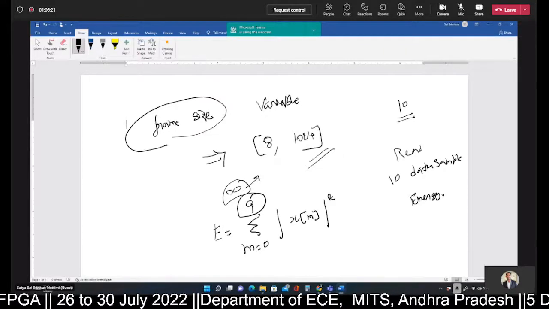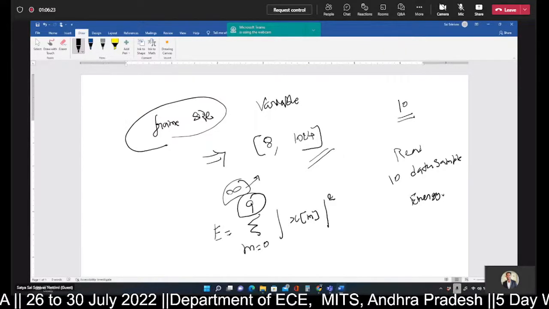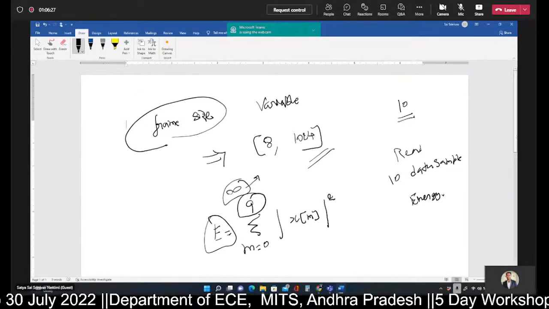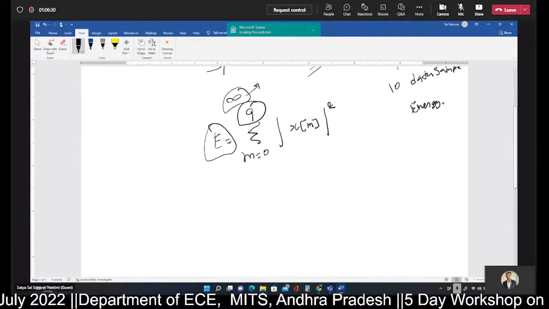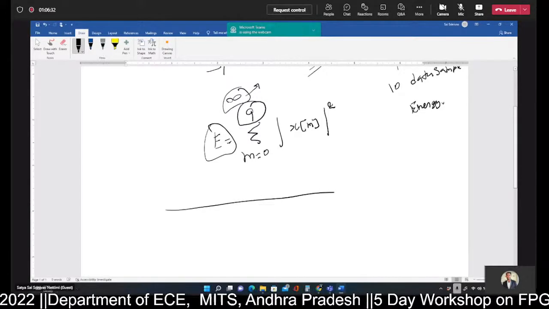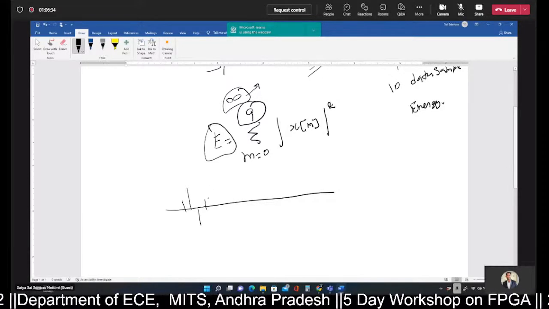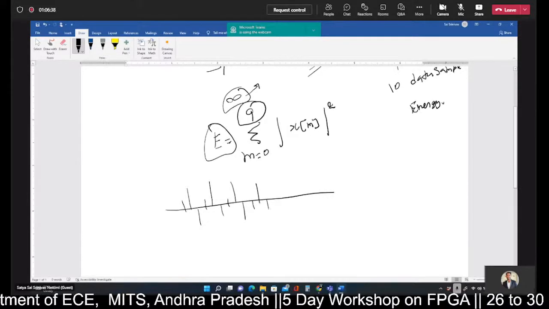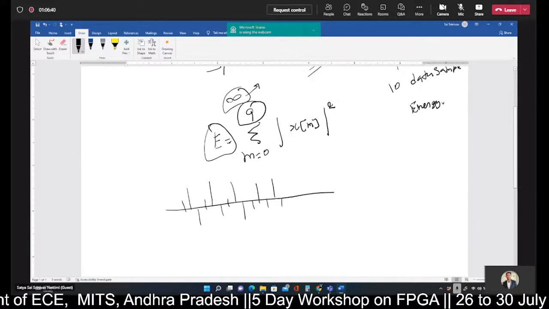Once a value is given to our hardware module, it has to calculate the energy on the streaming samples. Since this is a signal, the samples will come with a particular time period to the input module.